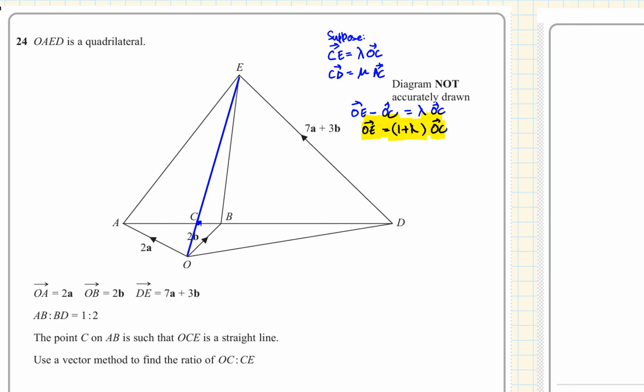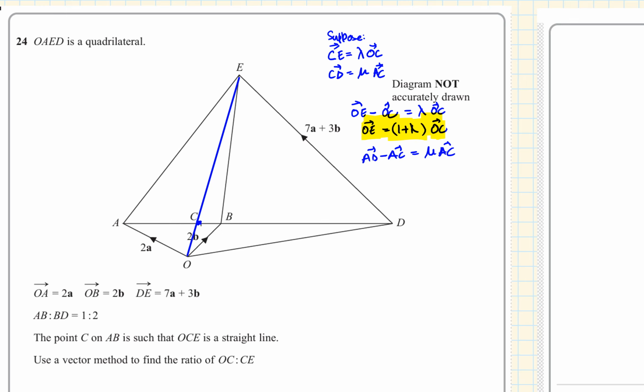So then I go back to doing the same thing for CD is equal to mu times AC. So CD I can write as AD minus AC. So AD minus AC is equal to CD, and that is equal to mu times AC.